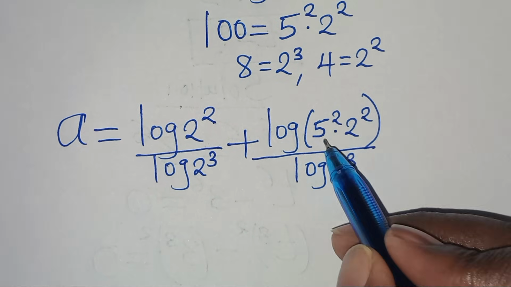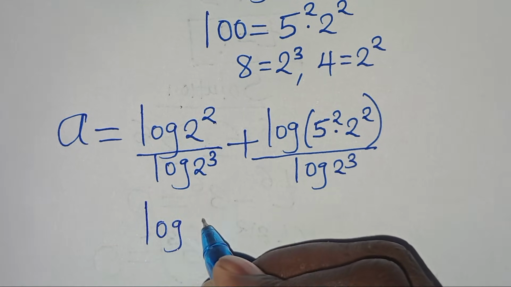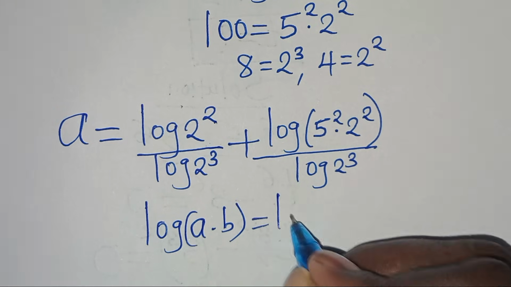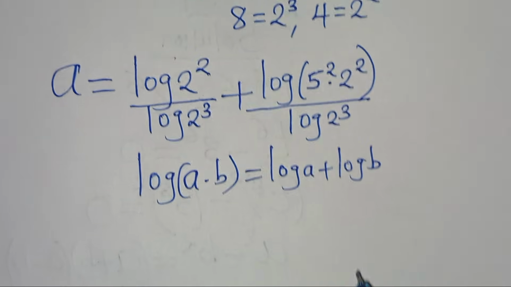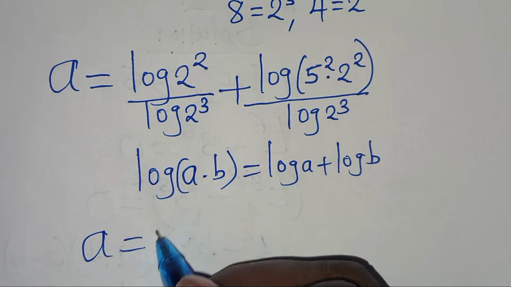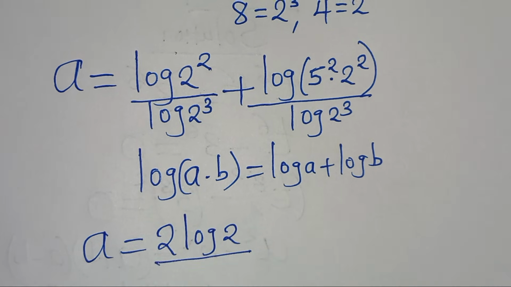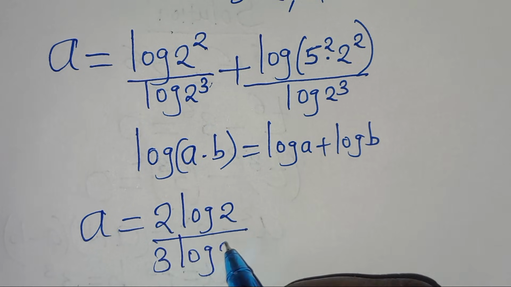Now, log of 5 to the power of 2 times 2 to the power of 2 is in the form of log a multiplied by b, which we can express as log a plus log b. And in this case, a is equal to log 2 to the power of 2, which is 2 log 2, divided by log 2 to the power of 3, which becomes 3 log 2.